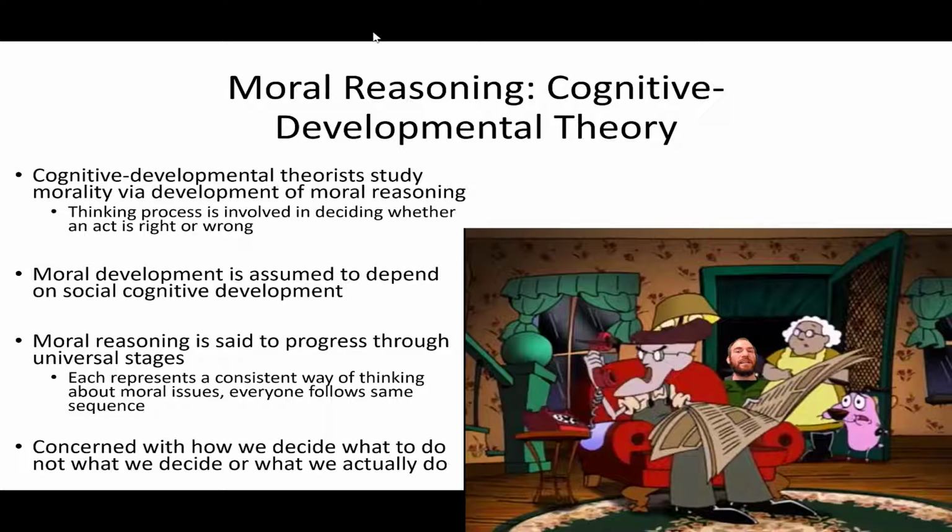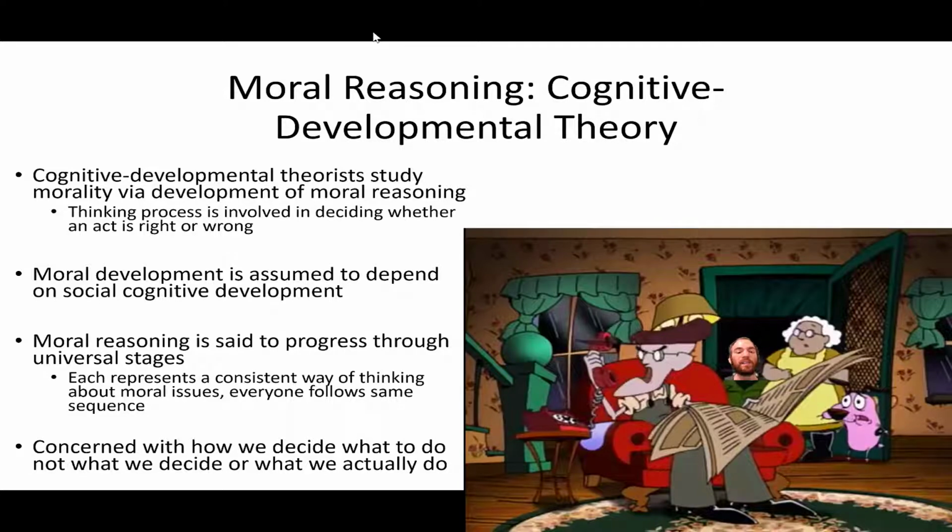At each step, you acquire certain abilities, in this case based on, influenced by, and really unlocked by this advancement in cognitive development. In this case, moral reasoning and the ability to think about whether something is right or wrong.